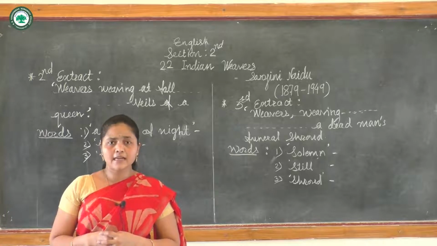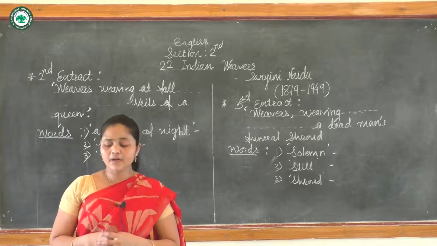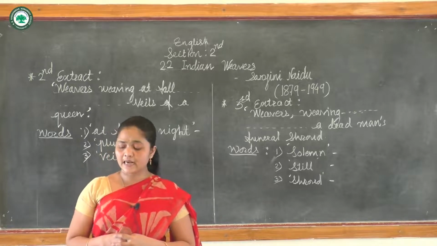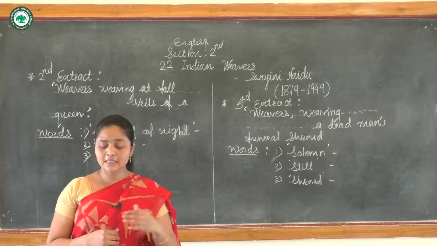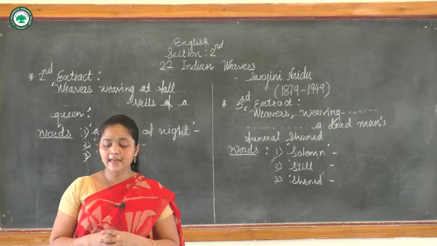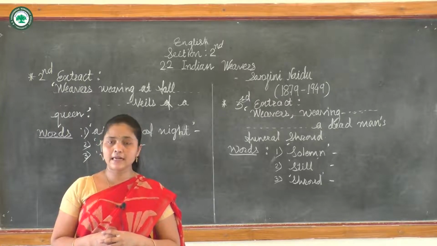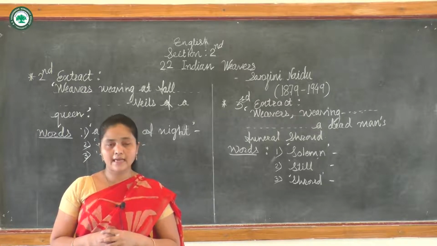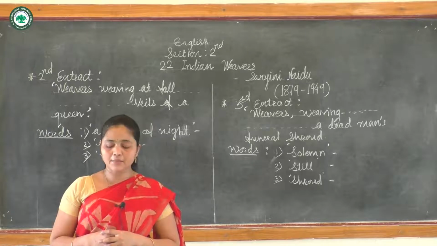Now here are the rhyming words in every extract. In the first extract, the first and second lines have the rhyming words day and gay. In the third and fourth lines, the rhyming words are wild and child. In the second extract, the first and second lines have the rhyming words night and blight.